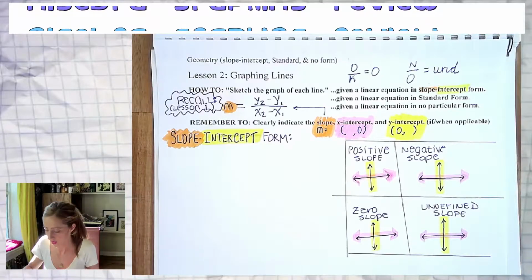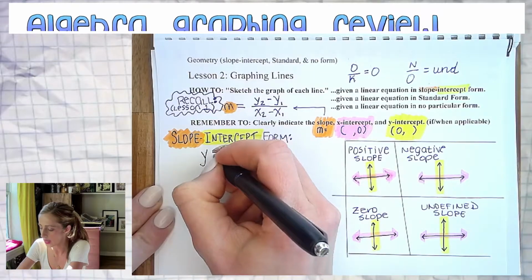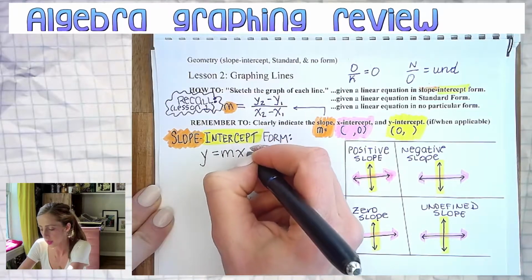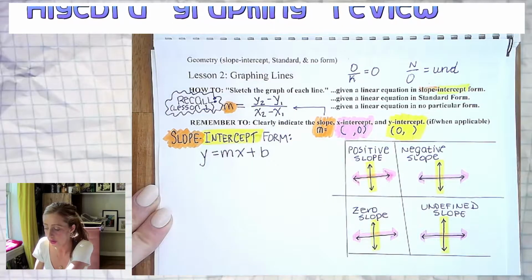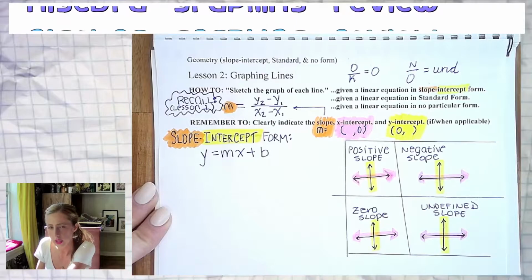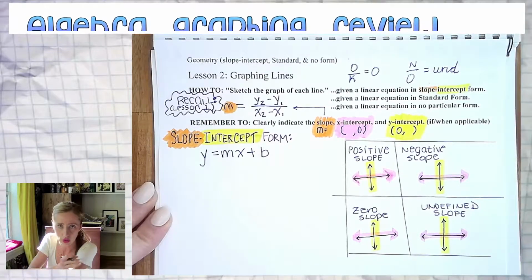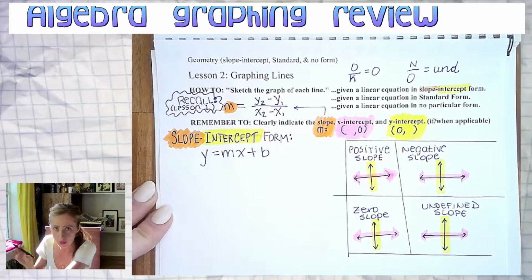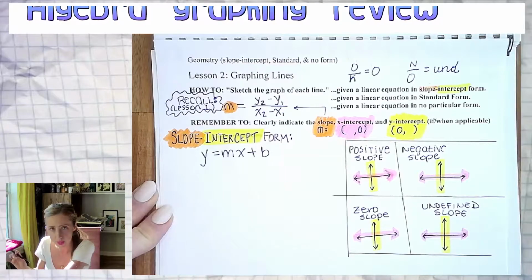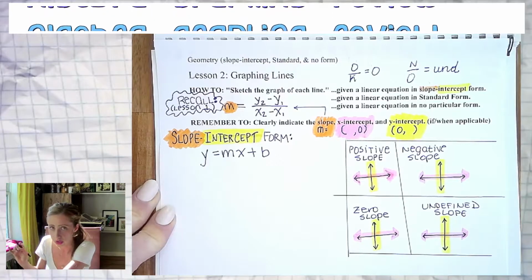What is slope-intercept form of a line, you may ask? Slope-intercept form of a line is y equals mx plus b. X and y just stay as they are in your equation, unless you're plugging in a number to figure out the corresponding value in the ordered pair, of course. M should be filled in with the slope, and b should be filled in with the y coordinate of the y-intercept.